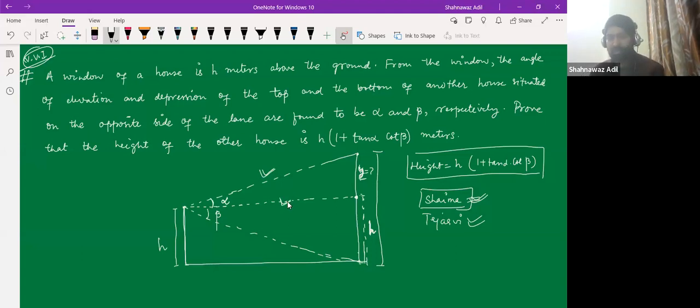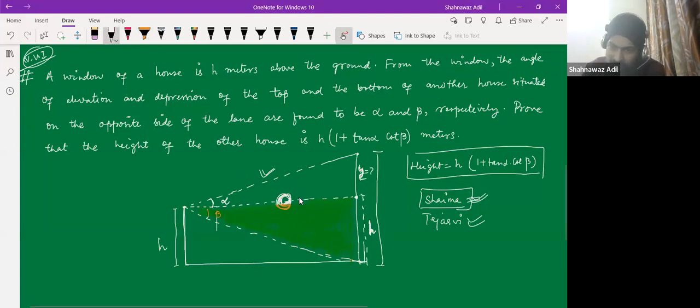If we look at this lower triangle, this thing we can calculate from this lower triangle.